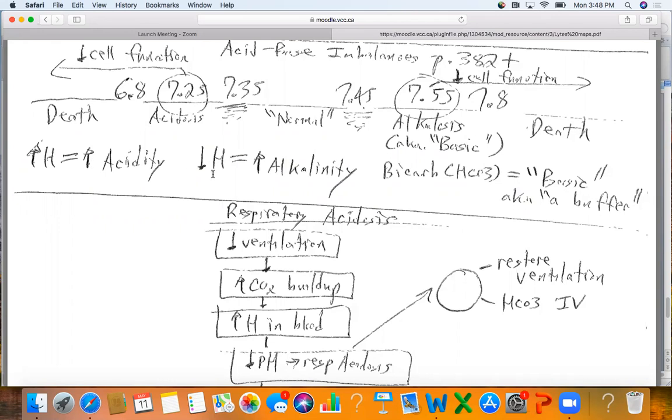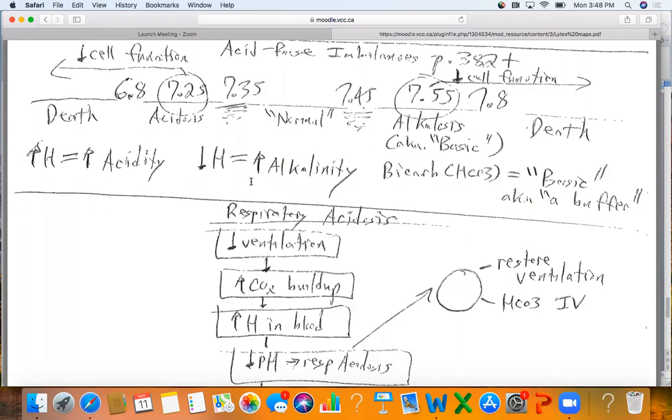On the same token, if you are lowering hydrogen, how would you do that? There's two ways to lower hydrogen. What do you think they are? Number one, if you think about what I just said, it would be blowing off excess CO2. Because if you hyperventilate, you should be getting rid of excess CO2.